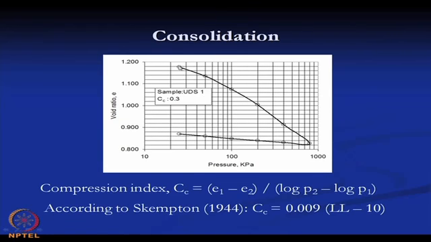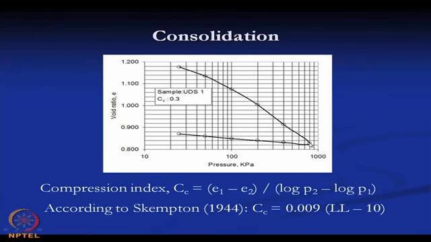Here a typical consolidation graph of void ratio versus log P is presented, where P means pressure. The pressure is plotted on a logarithmic scale and the void ratio on a normal scale. We can see that as we apply more pressure, the void ratio decreases.